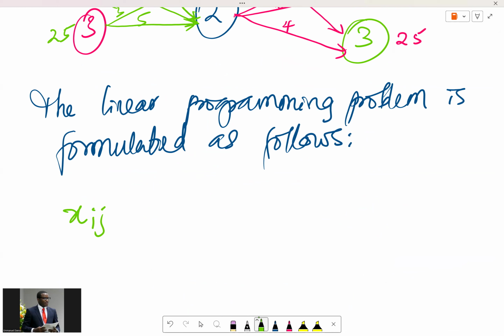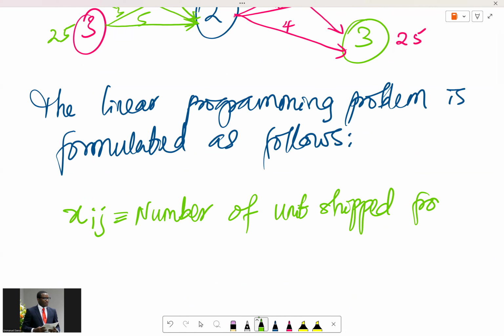Xij is the number of units shipped from supply node i to transshipment node j.